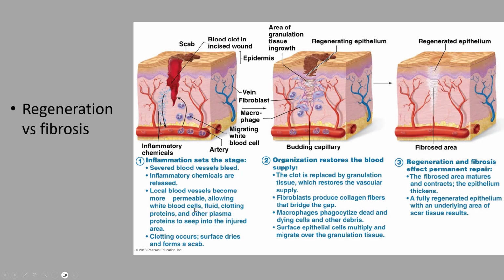And when they do that, white blood cells, part of our immune system, fluids, things like plasma serum, clotting proteins, and other plasma proteins are going to leak out and start to cause this area to swell a little bit. We're filling this tissue with stuff coming out of the blood. The blood itself clots, the surface dries, it forms a scab. Meanwhile, this tissue is continuing to fill up.